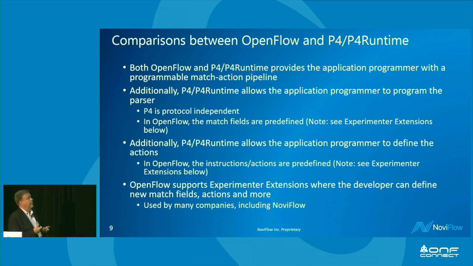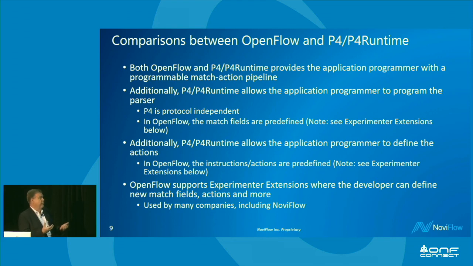One is P4 allows you to program the parser. And this is new. In OpenFlow, for us to add a new match field, we have to build an experimenter into the protocol. With P4 and P4 Runtime, it's inherent that you can parse the packet in a different way.